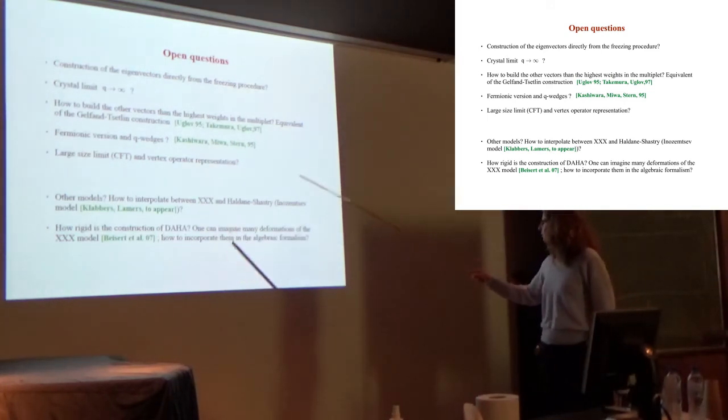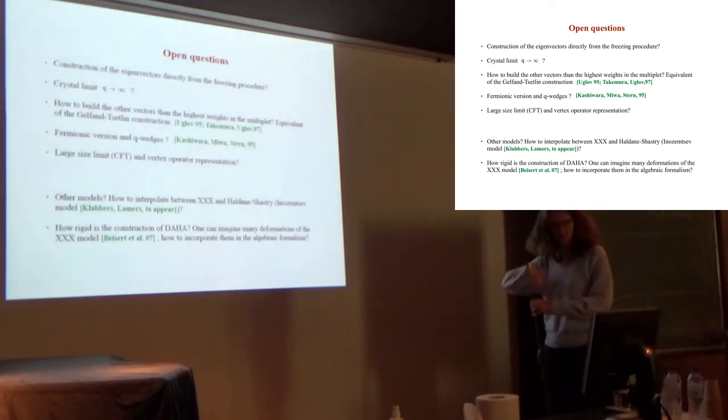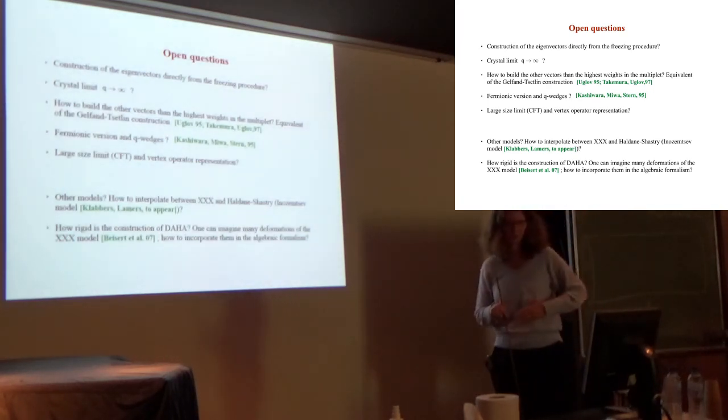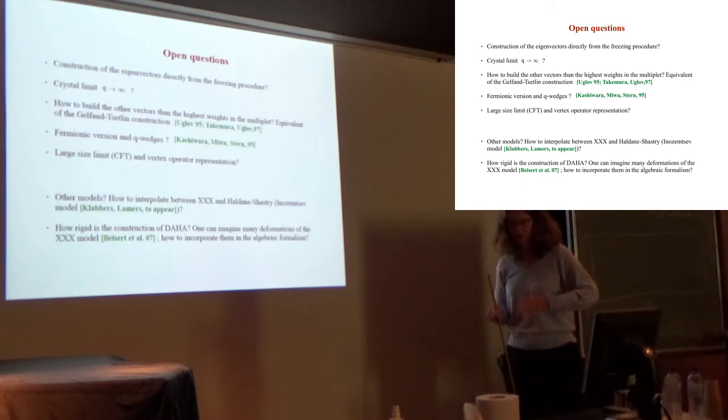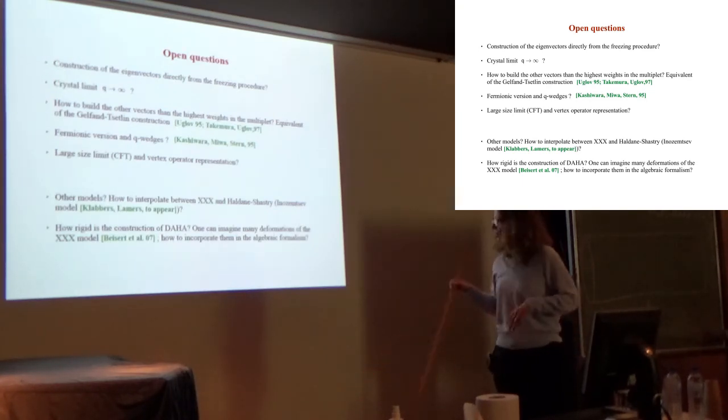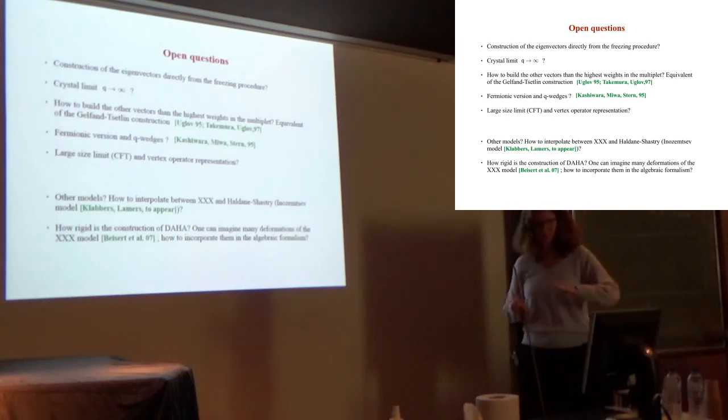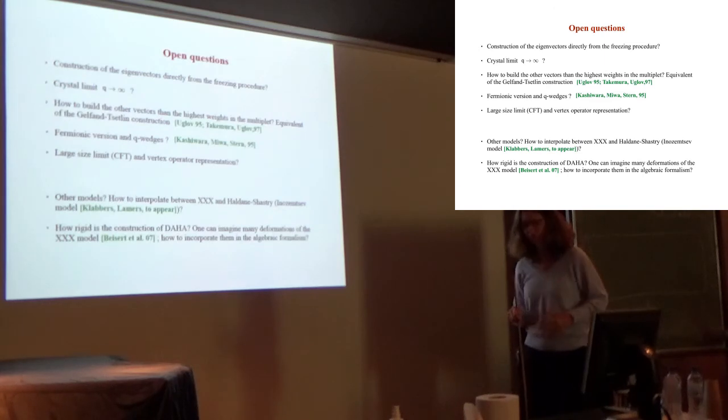And then you can imagine plenty of deformations if you take the approach of Beisert and collaborators to start to slowly deform the model from XXX to reach some other. So you can imagine plenty of types of deformation.